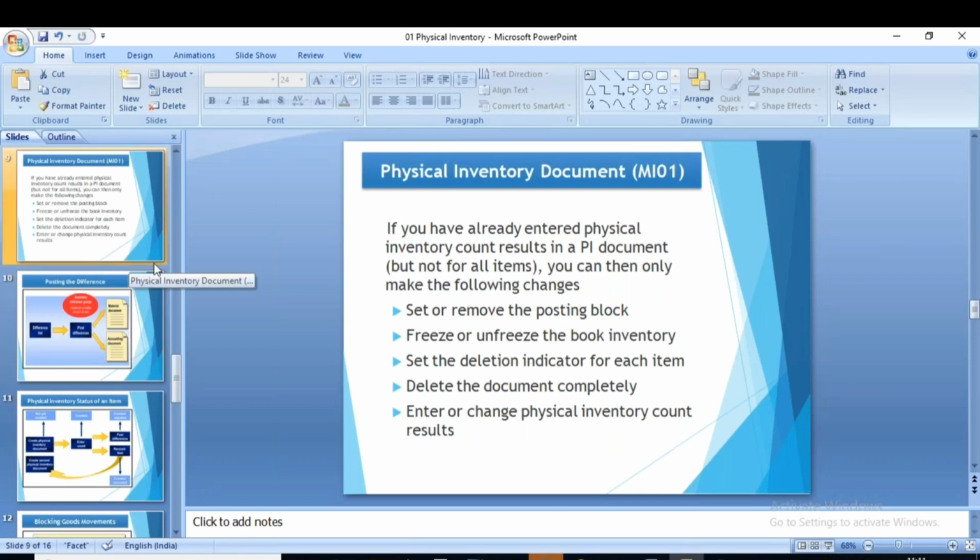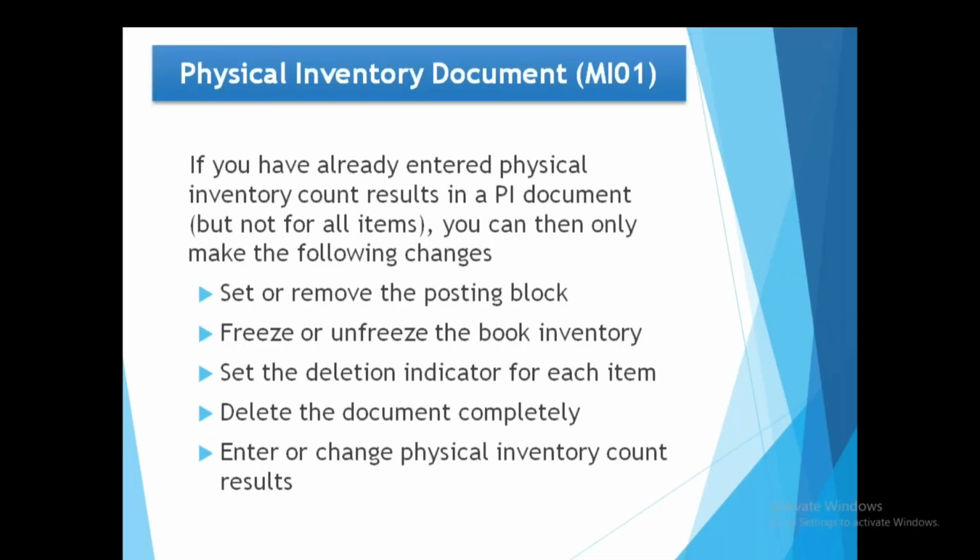Now we understood what changes you can do once you create the physical inventory document. But if you have already entered physical inventory count results in the PI document, but not for all items, you can then only make the following changes. Once you enter the count for some items, you can set or remove the posting block.